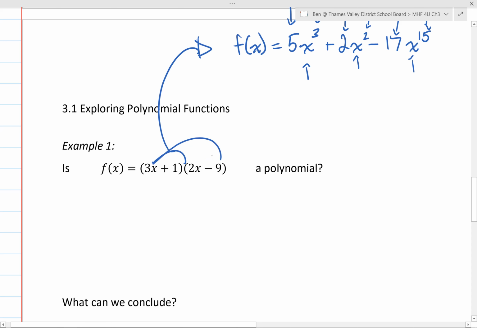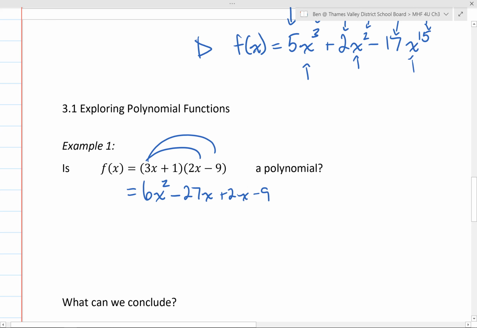You can distribute here, right? We can use our FOIL. So 3x times 2x, that's 6x squared. 3x times negative 9, that is negative 27x plus 2x minus 9. Okay, where all of a sudden, right here, even before I simplify it any further, I recognize this in the form of a polynomial.